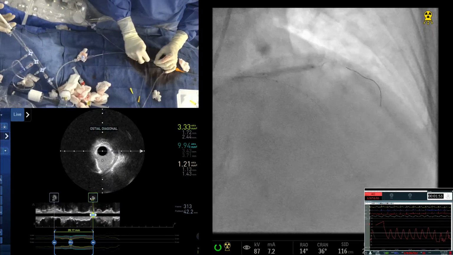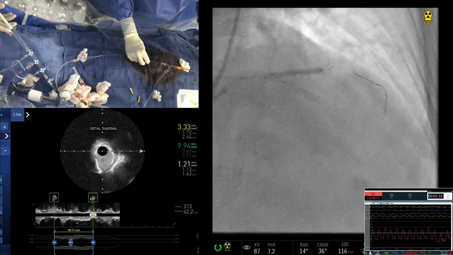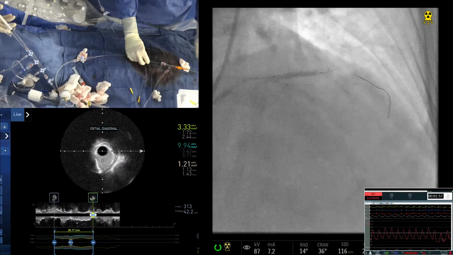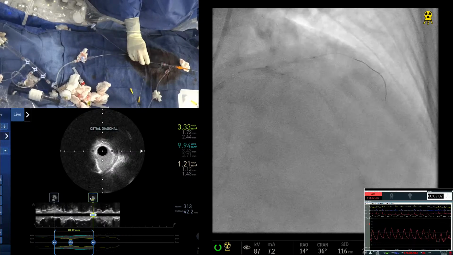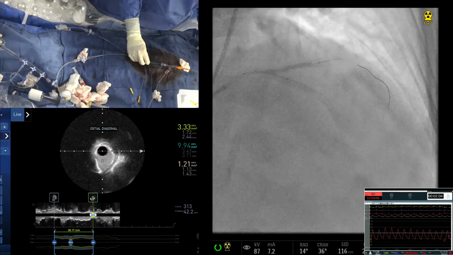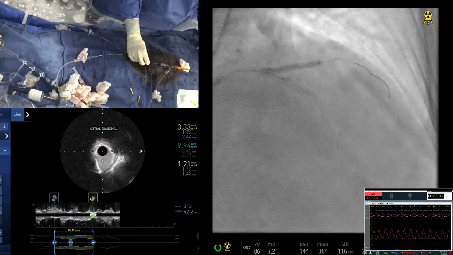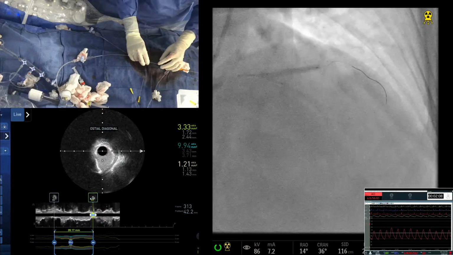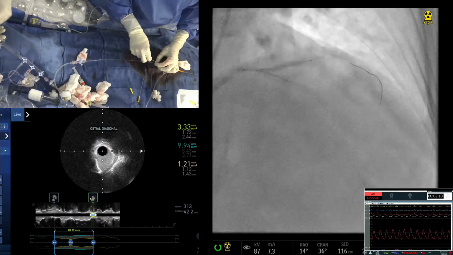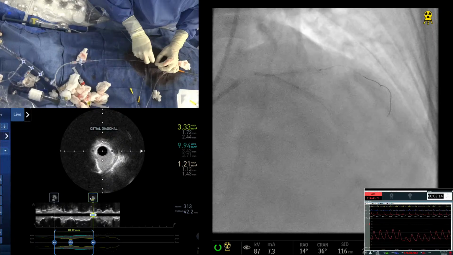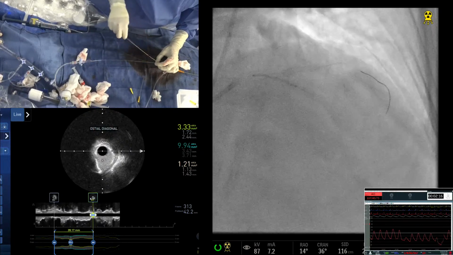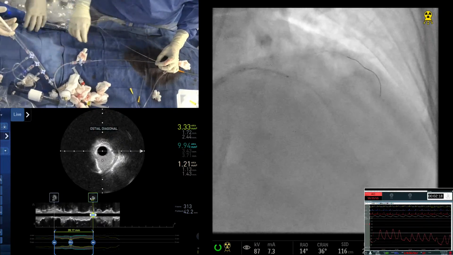Yep, of course. That main LAD stent will cover the distal left main also, up to mid left main. Okay, go up again. So 16 atmospheres here. Okay, good. Down. Okay, show me some dye. And then I take the wire out, one second.